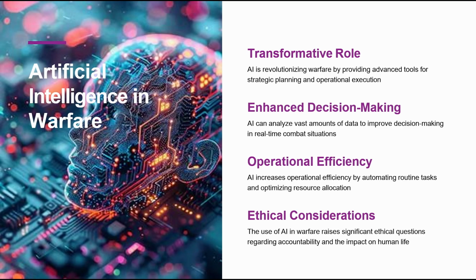It also enhances decision-making because AI can analyze vast amounts of data to improve decision-making. It provides efficiency for operational leaders. The operational efficiency by automation and optimizing the different solutions is important.